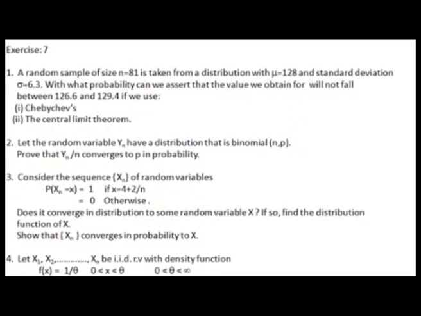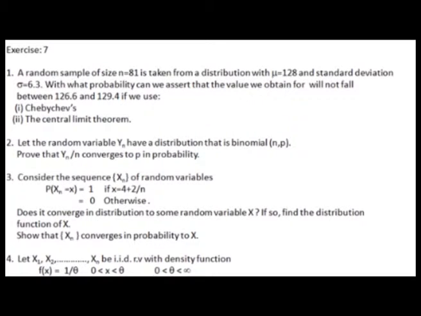So, Chebyshev's is a general, universal statement, and later when I have occasion I will again point out that even though Chebyshev's is a looser bound, there are other advantages of using Chebyshev's inequality.